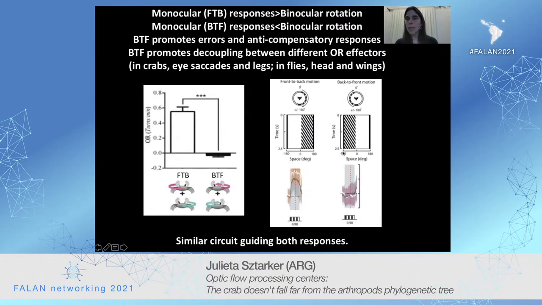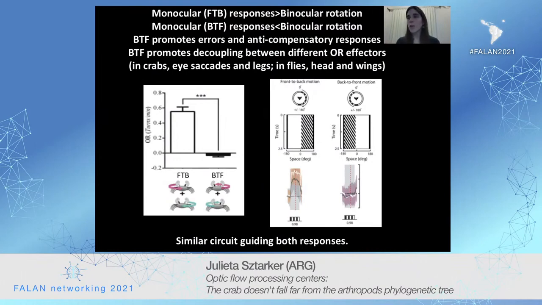In flies, we know that this type of unilateral optomotor response has to do with specific neurons in the lobula plate that are part of the horizontal system, and they respond much more strongly to front-to-back motion than to back-to-front. So the fact that we find exactly the same kind of responses in crabs makes us propose that the underlying circuit is probably really similar in the two groups of animals.